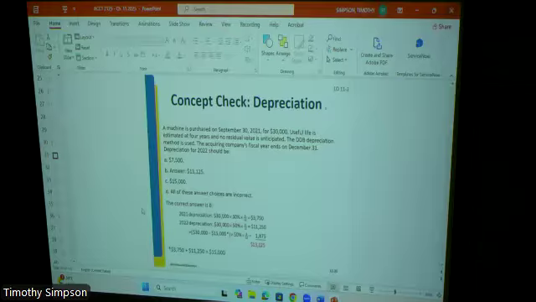And so here's what the math looks like. So we do the first year depreciation, 30,000, right? And it's got a 4-year useful life. So 4 years, 100% divided by 4 is 25%. We double that percentage and make it 50% the first year, right? But it's only a fractional year.